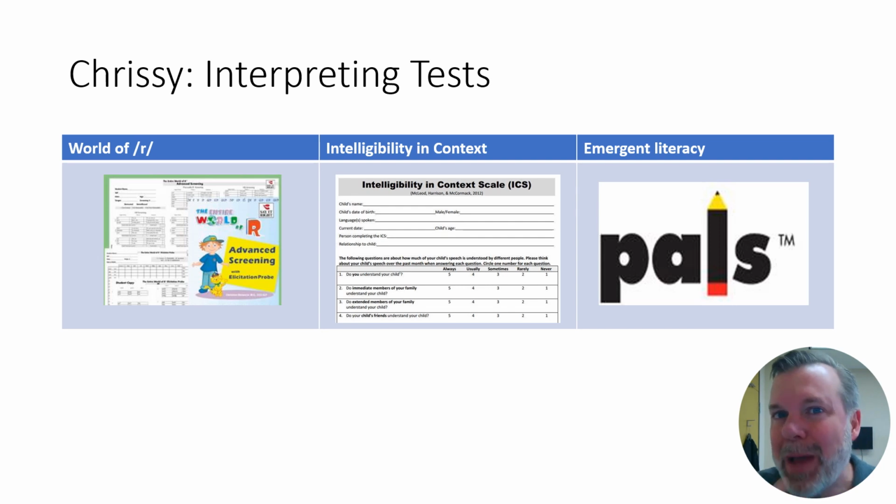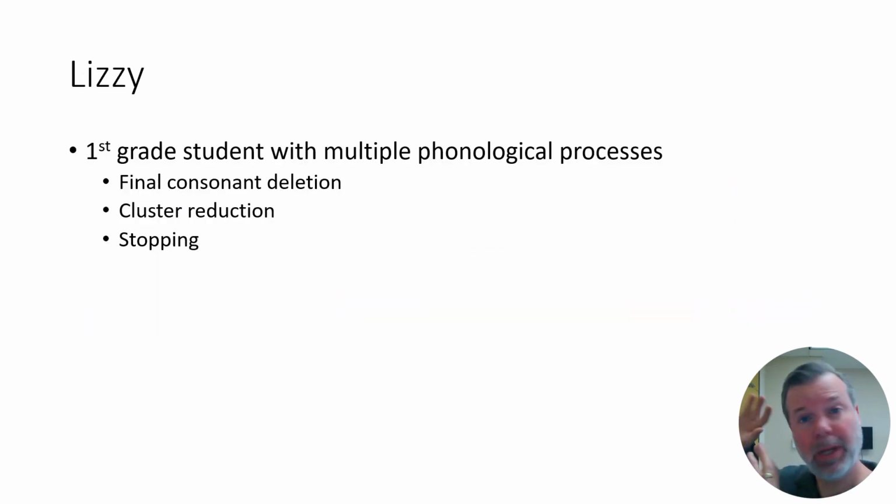But we may also find that she's really quite intelligible to most people. Her reading and phonological awareness is on track and meeting expectations. In that case, I would not feel that there's a large educational impact and Chrissy may not be eligible for services.